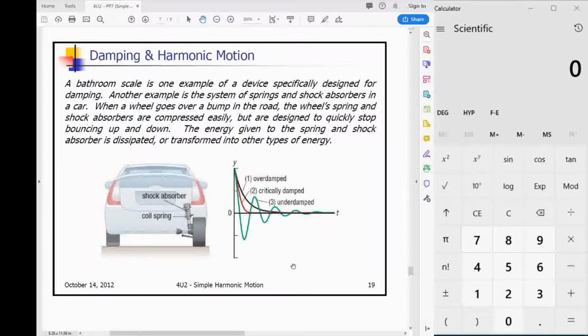The critically damped system is our best case. So understanding that we do not have undamped systems, the critically damped system gets us back to our equilibrium position at the fastest possible time.